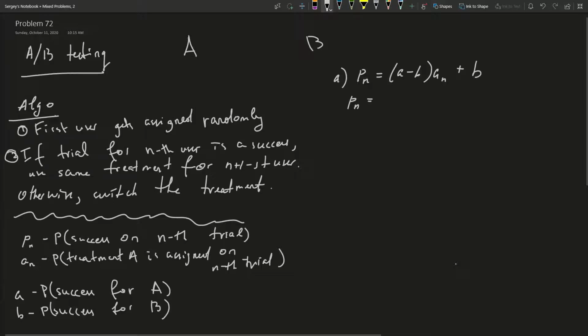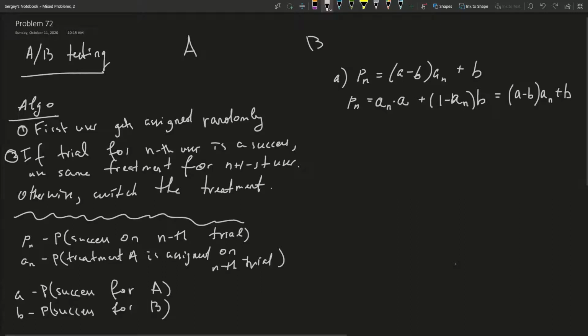Either the nth trial was assigned to treatment A, and we had success under treatment A, or the nth trial was assigned to treatment B, and we had success under treatment B. Simplifying this expression, we get (a minus b) times A sub n plus b, which is exactly what we wanted to show.